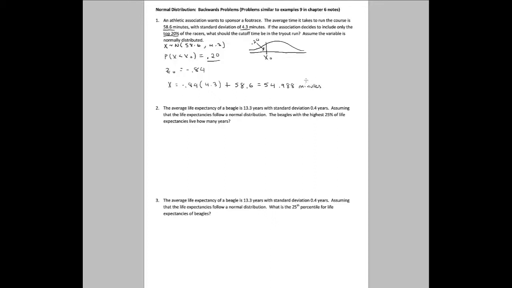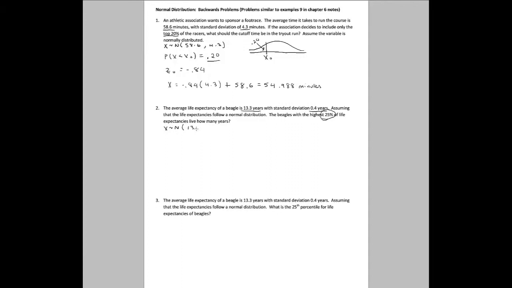All right, let's look at example 2. It says the average life expectancy of a beagle is 13.3 years with standard deviation 0.4 years. Assuming that the life expectancy follows a normal distribution, the beagles with the highest 25% of life expectancies live how many years? So again, our distribution is a normal distribution.